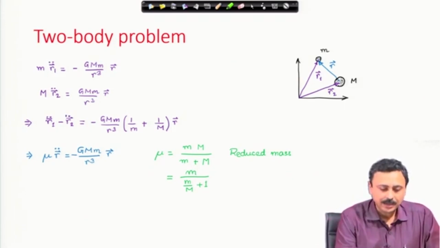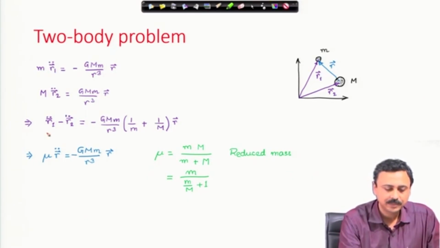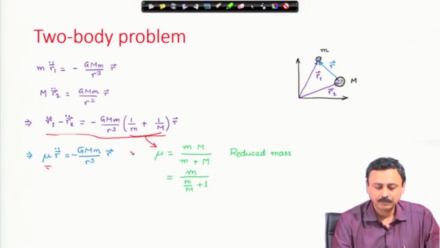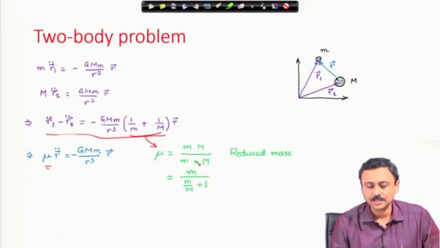Therefore, I can now recast this equation in this form, where I define mu. From here I get the definition of mu, which is small m times capital M by small m plus capital M. This is known as reduced mass.